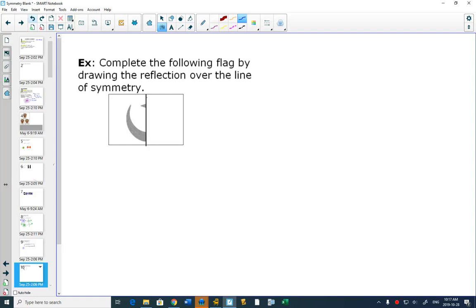So another thing that this unit says is, if I give you the line of symmetry, can you complete the drawing? See how well your drawing is. All right, I'm going to try it on here as well while you're working.